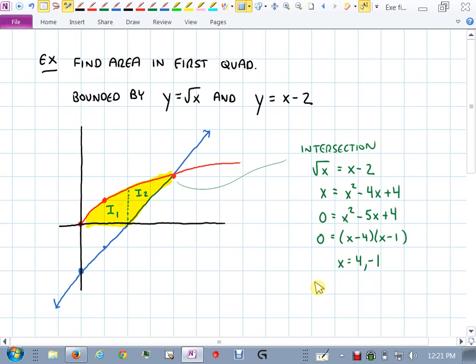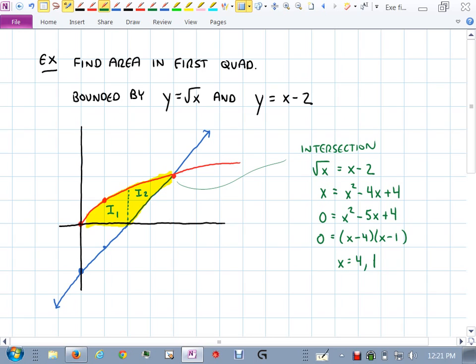This one doesn't work. Yes? Positive 1. I don't know why I put positive 1. I was even pointing over there, wasn't I? Either way, does it work? That solution doesn't work, right?